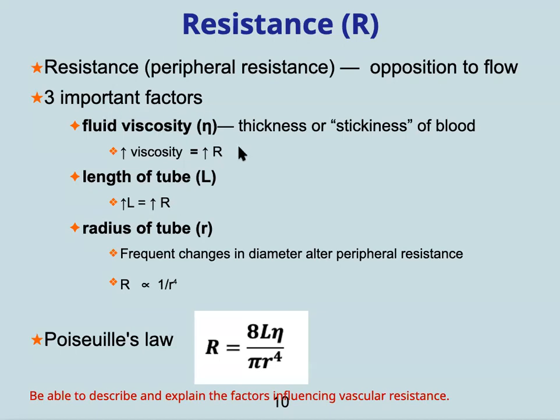The thickness of your blood generally doesn't change that much, and the length of your blood vessel is also relatively constant over time. This final factor, the radius, is the one that can be rapidly and significantly altered.